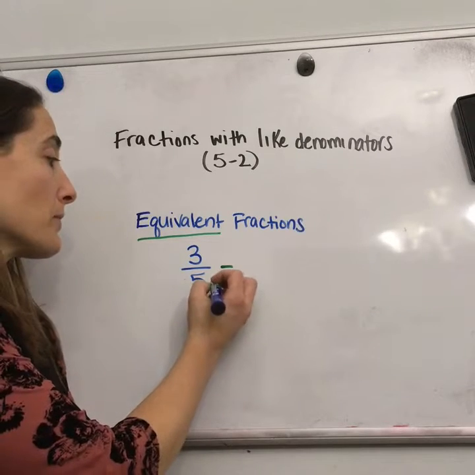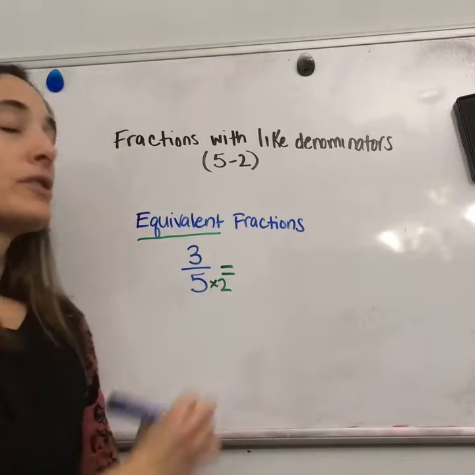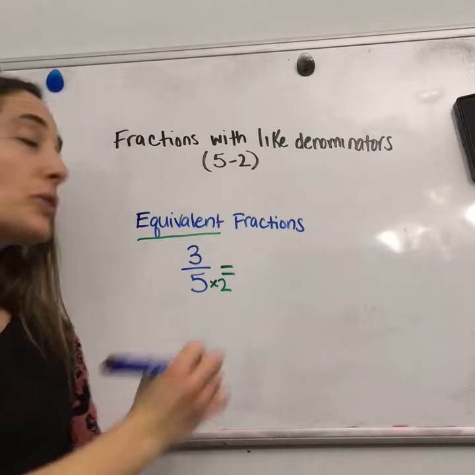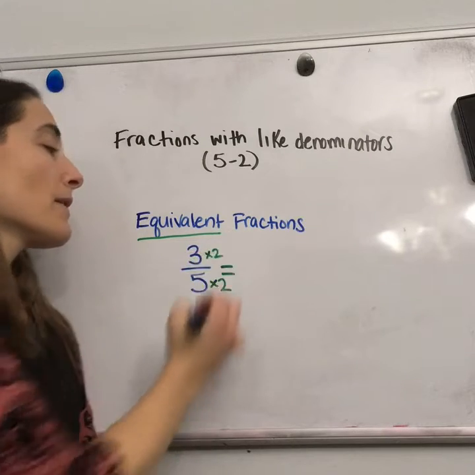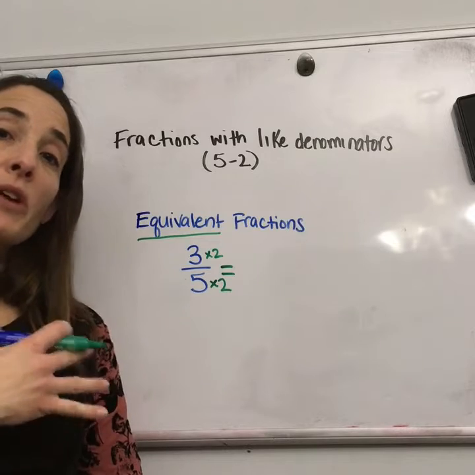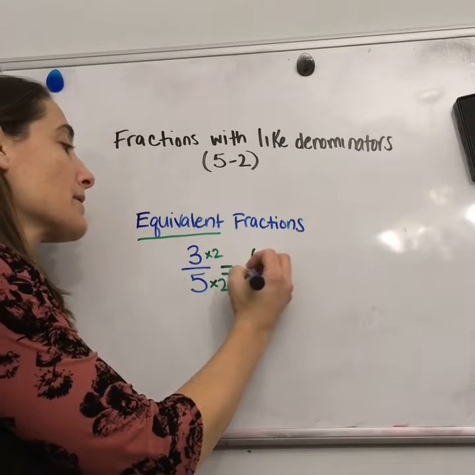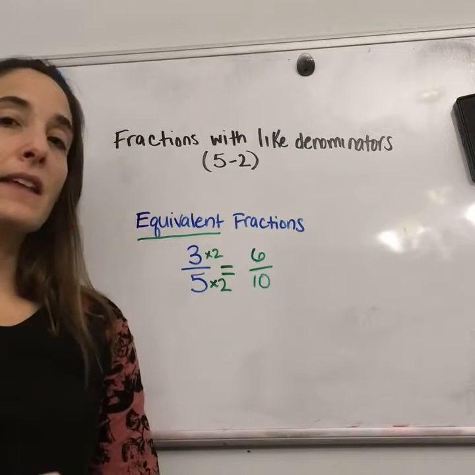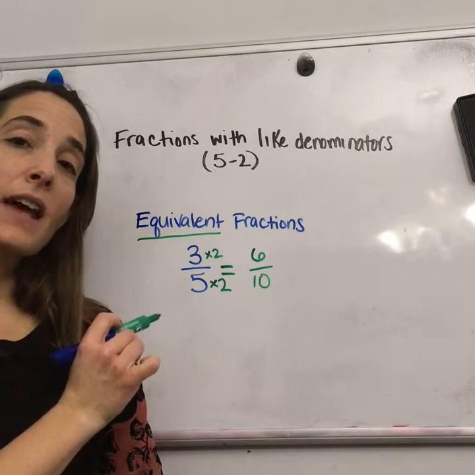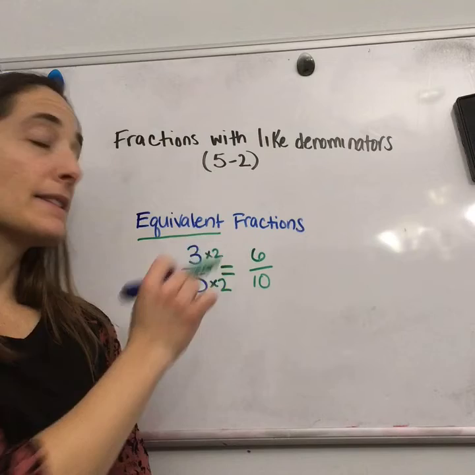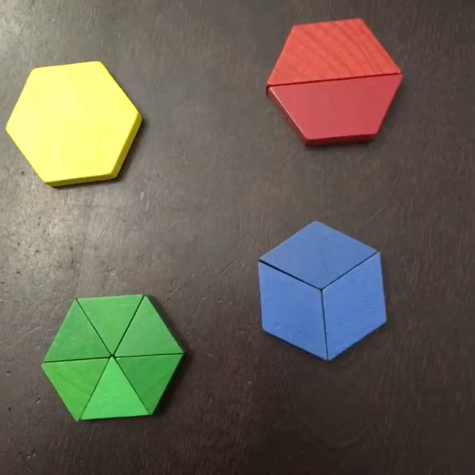So for example, if I multiply 5 times 2, then I have to multiply my numerator times 2. So 3 times 2 is 6, 5 times 2 is 10. 3/5 has the same value as 6/10.